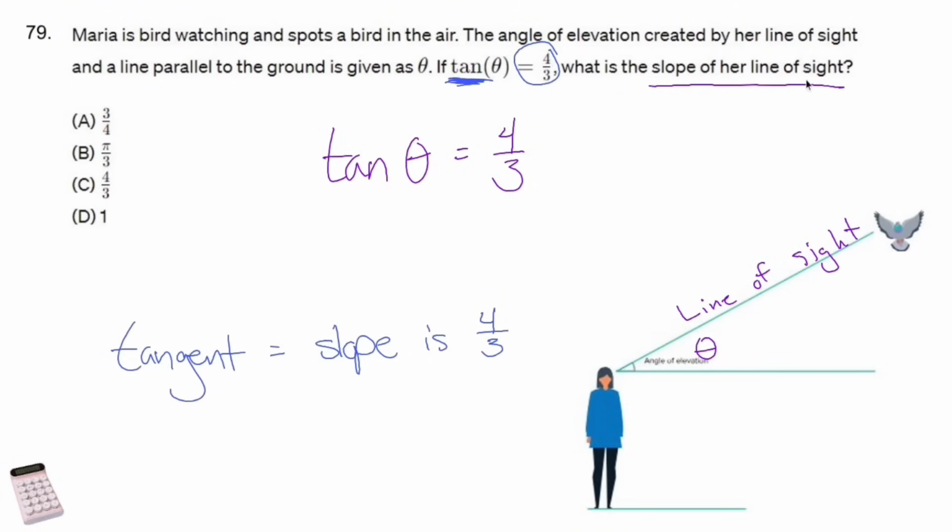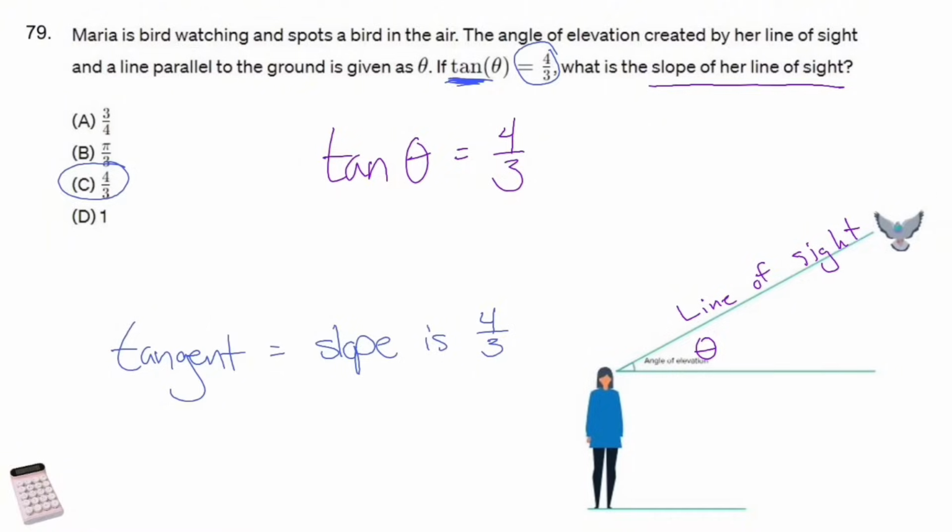So the slope of her line of sight is 4/3. And you're thinking, no way. There's no way this problem is as easy as saying tangent's 4/3, slope is 4/3. Yes, it's exactly that easy. Tangent means the change in the y values over the change in the x values. So this problem is done. No calculator necessary. That is it.